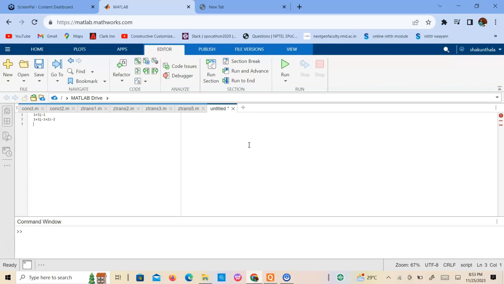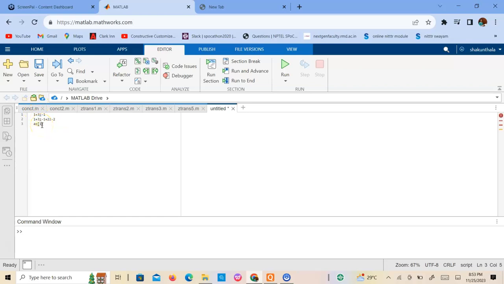So whatever the numerator available, the coefficients of z power 0, followed by z power minus 1, followed by z power minus 2, that we have to consider as a vector, okay. So the numerator coefficient let us take as a, and give inside the square bracket. So what are all the coefficients in the numerator? 1 and 3.